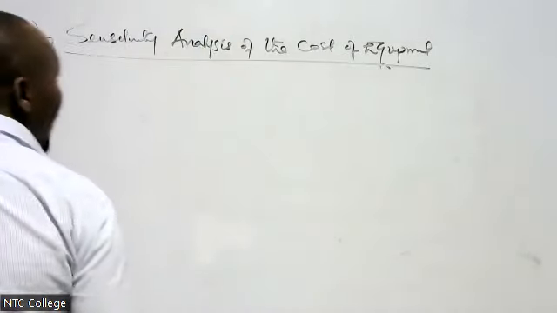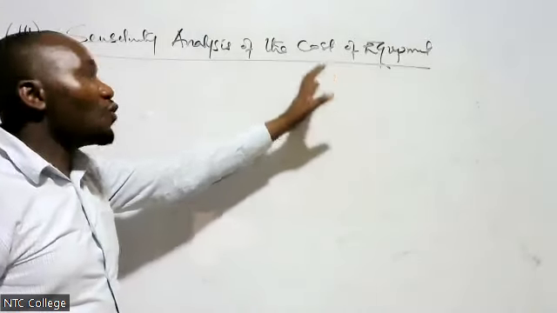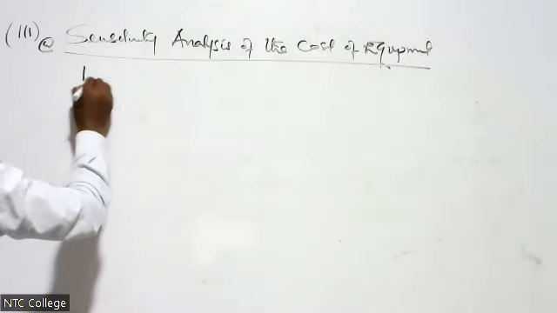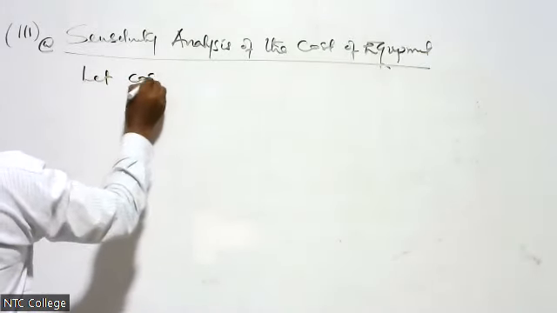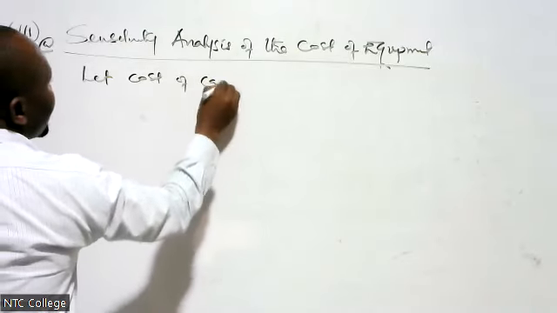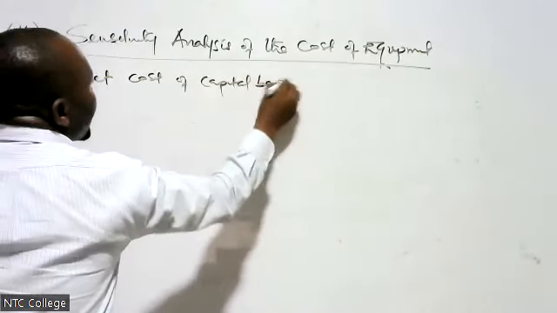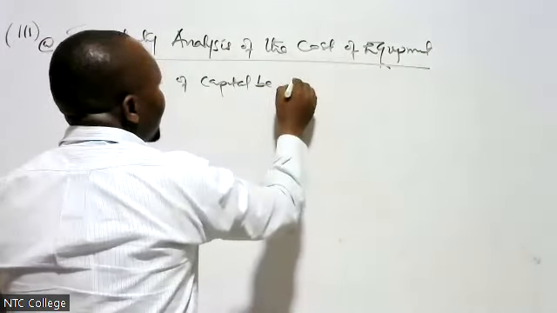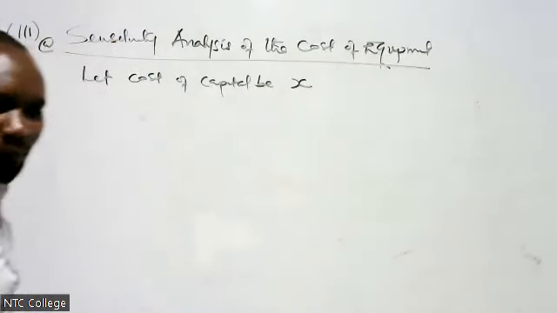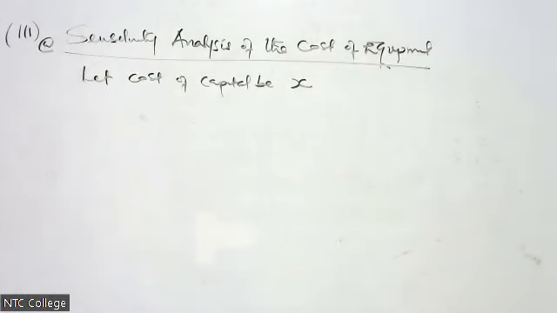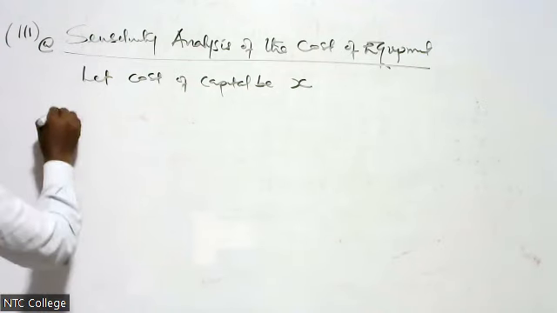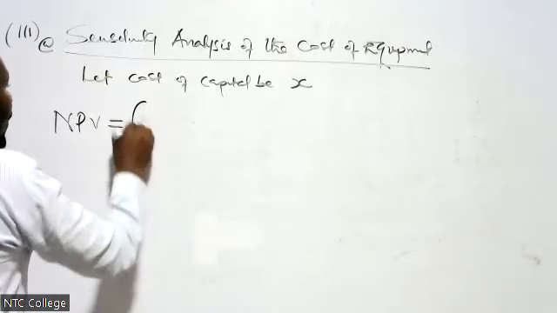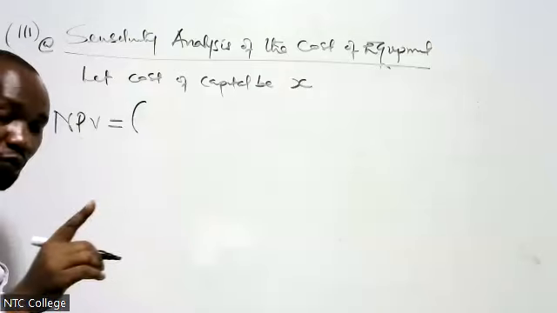And so the variable that we're going to look at, because we don't know how to change it, we can call it X. So you say, let the cost of capital be X, so that we can say that our NPV is equal to revenue, which we know.